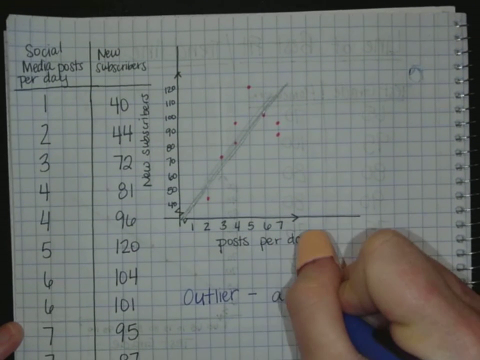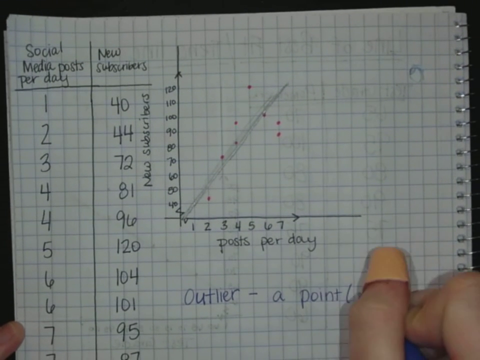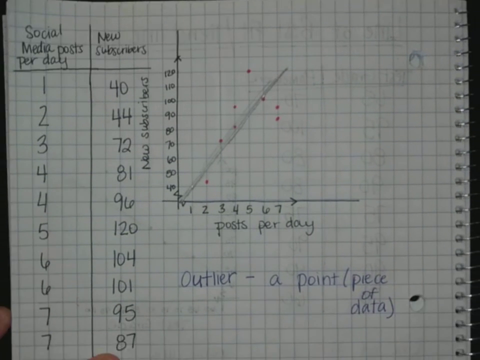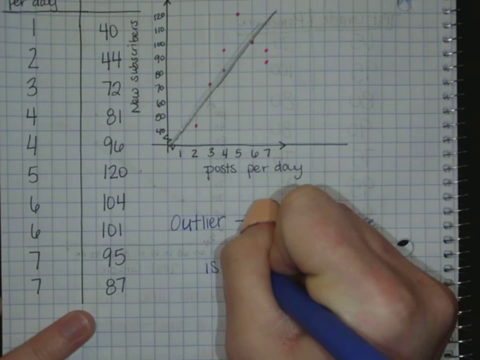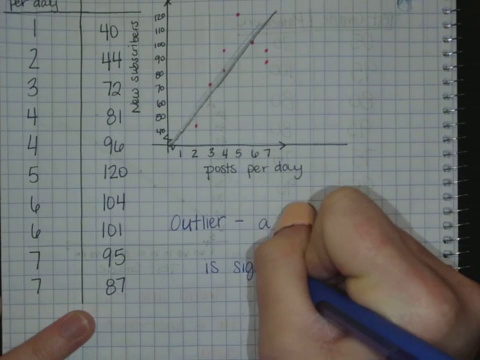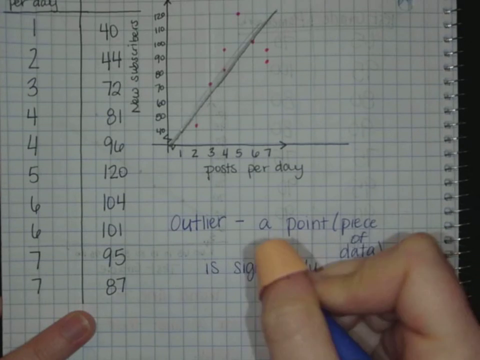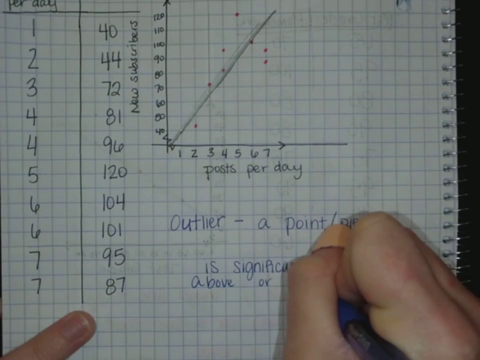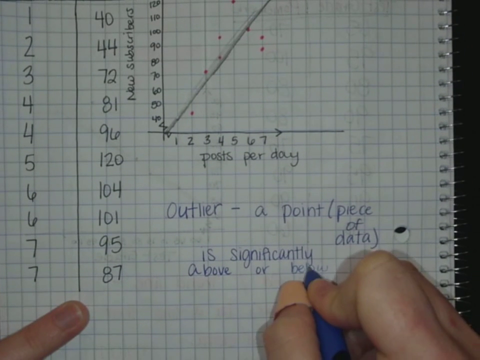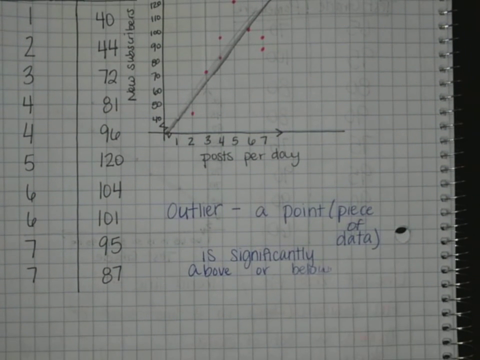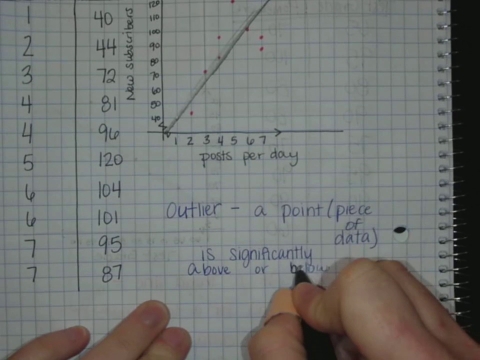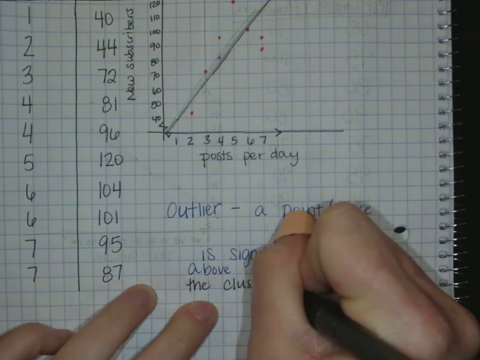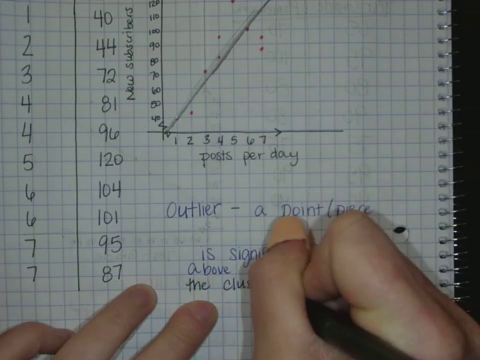And that's when a point or piece of data is significantly above or below the cluster of data.